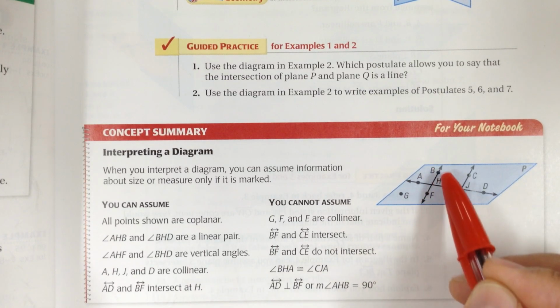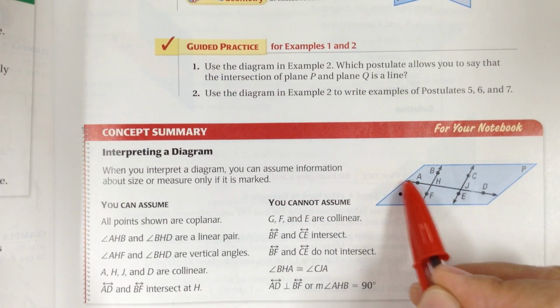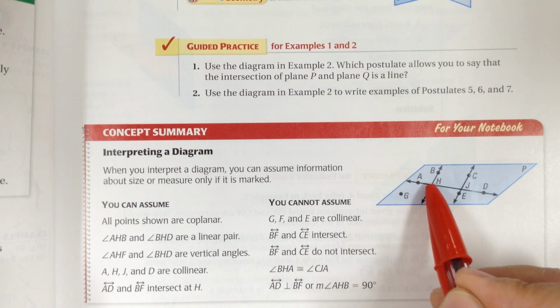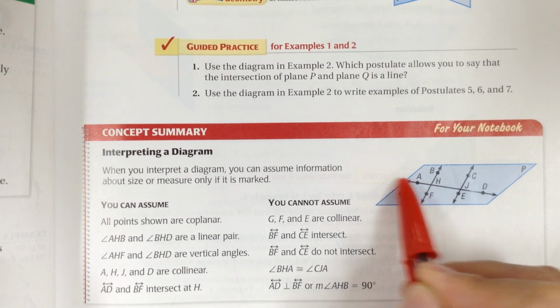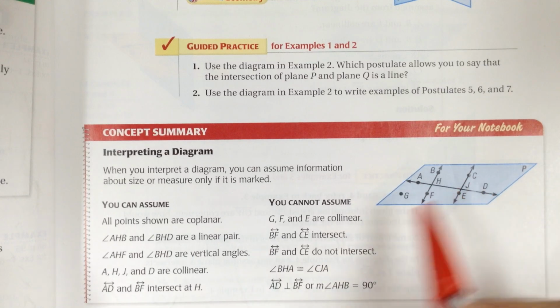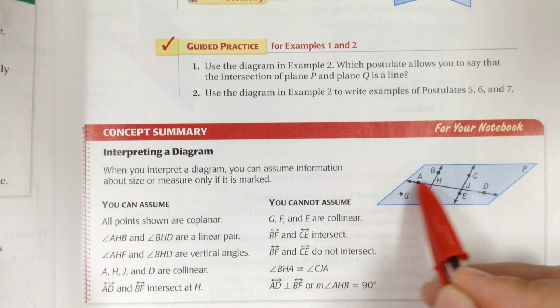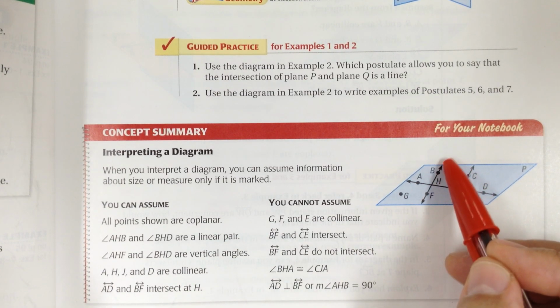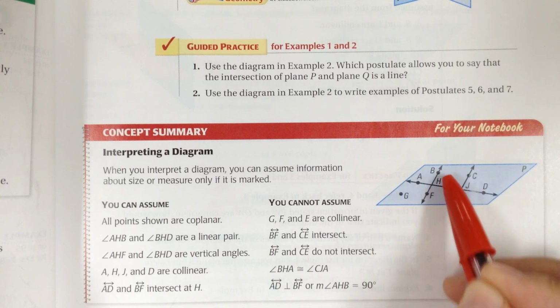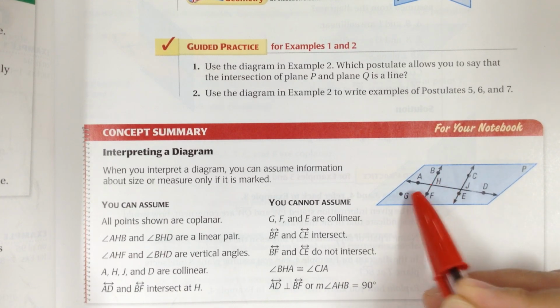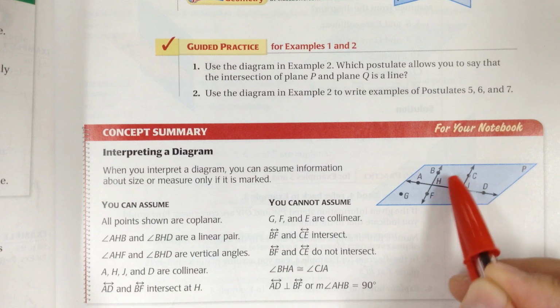So AHB and BHD, since they are opposite rays forming this line, are a linear pair. You also can assume that AHF and BHD, this angle and this angle, are vertical angles. Those are very obvious, so you can assume that.